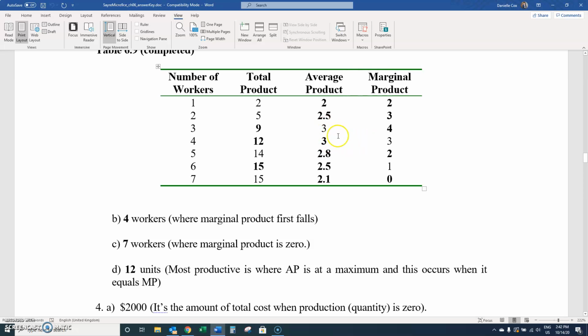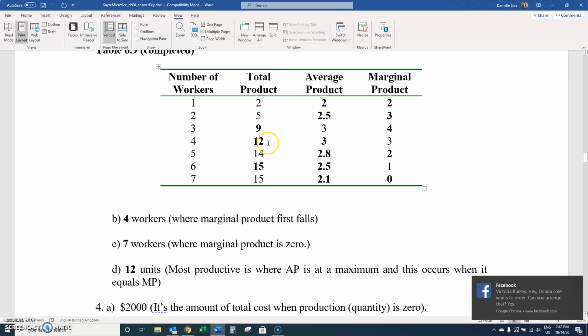So even though it's 3 and 3, it's your second one. It's when these two are equal that is the correct one, and that is at 12. So the most productive output is average product equal to marginal product at 12. Okay, that's it for that question.